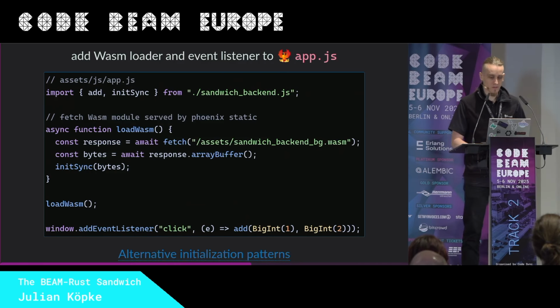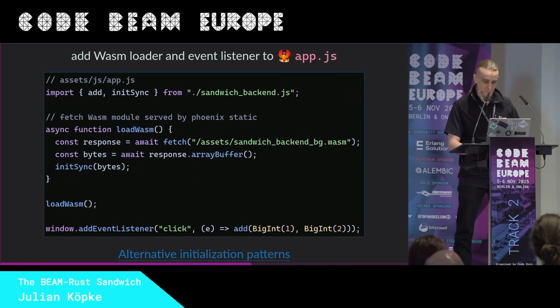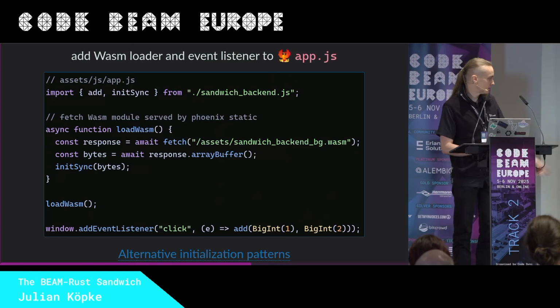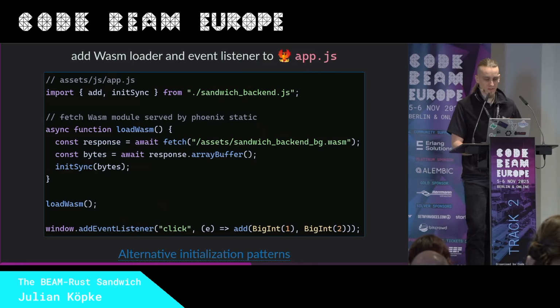And I noticed during development this can be quite inconvenient, because if you have a big WebAssembly bundle, your hot reload will take seconds and everything becomes a bit sluggish. So I preferred this way of initializing it. And I put a link here. There's an interesting article about the different ways of initializing WebAssembly.